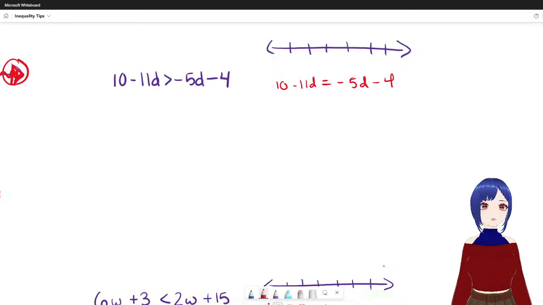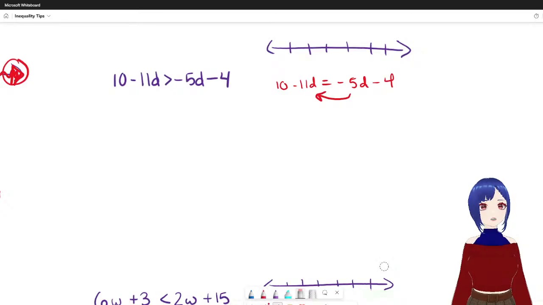So making sure your variable's on the left, that means usually if you're solving an equation, you have your pick of whether you want to move numbers to the right or the left. But with inequalities, I personally think that you should always make it a rule to move your variable to the left. So we want to take care of moving that -5d to the left.